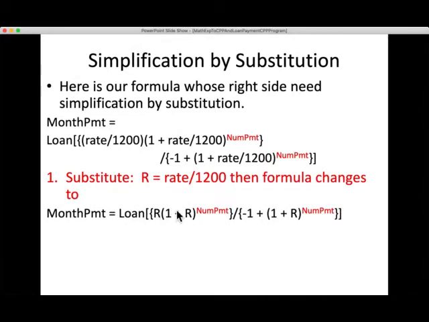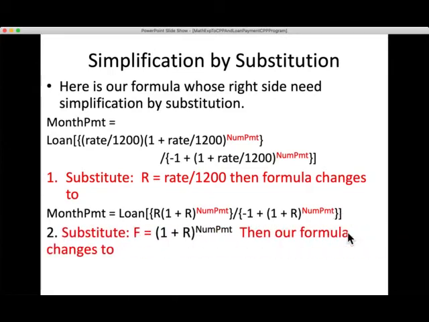So R into 1 plus R, and then 1 plus R to the power num-PMT, and here we have minus 1, and then 1 plus R to the power num-PMT. Pause the video here to make sure that you understand how you got from here to here using this substitution. Already we can see that 1 plus R to the power num-PMT appears here and here, so we can substitute for that too. So we substitute f for 1 plus R to the power num-PMT, then our formula changes to this.